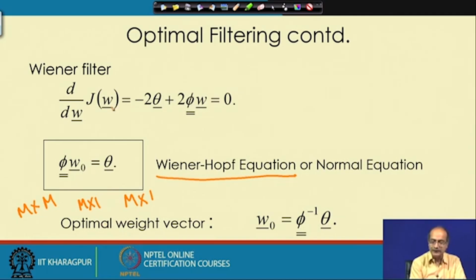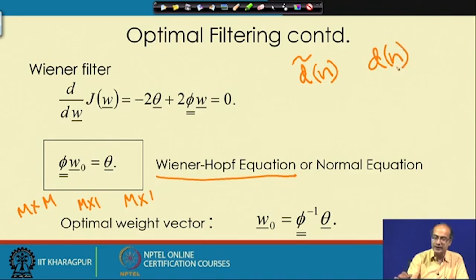And another name for this is the normal equation. Okay. Hope you recall that with the tap weights, we are trying to get d tilde n, the value which should be as close as possible to d n. Thereby we are minimizing the noise.